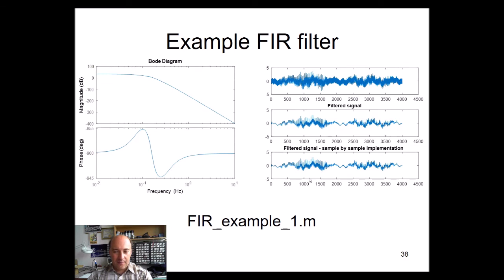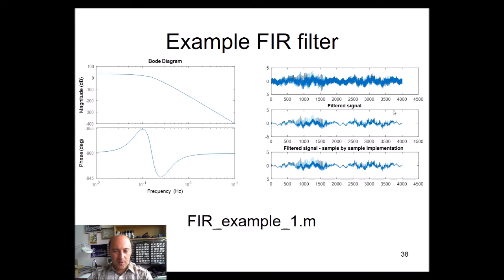And here, by sample implementation, I mean that I took one sample, I applied the filter, then I took another sample and I applied the filter again, and so on. So this was running in a loop, taking the signal sample by sample.